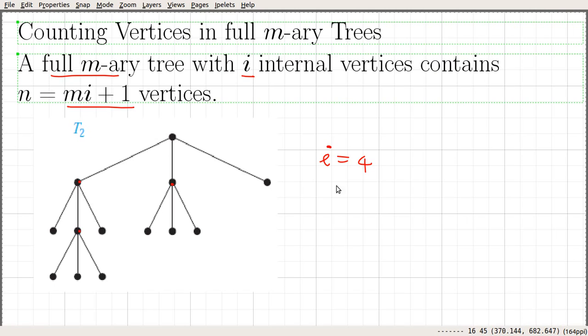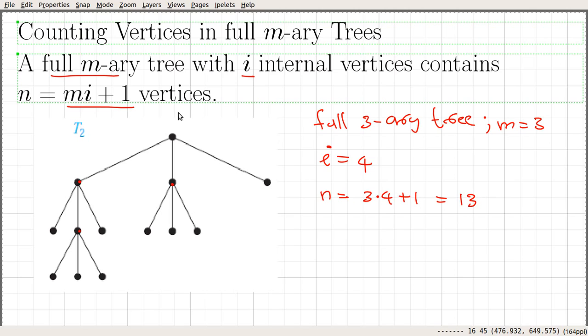And this tree is a full 3-ary tree, so m is equal to 3 here. So the statement says the number of vertices is equal to 3 times 4 plus 1, which is 13.